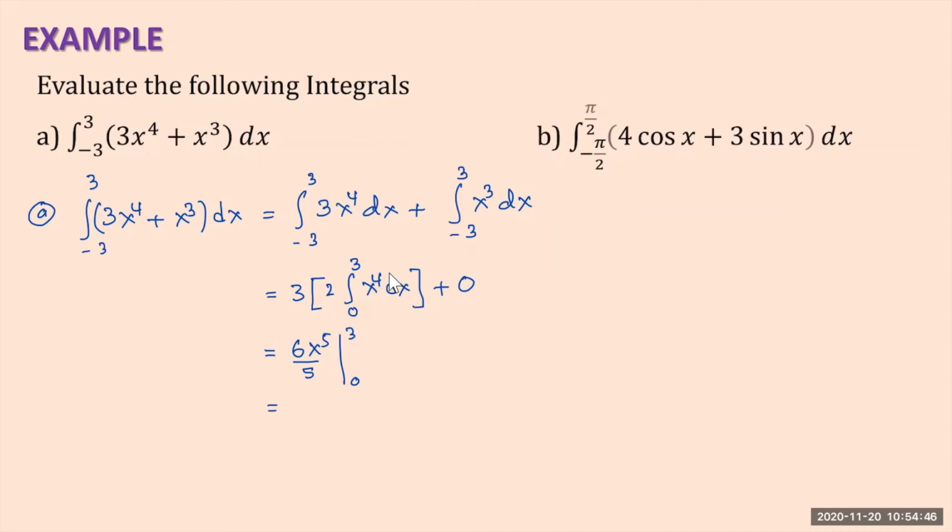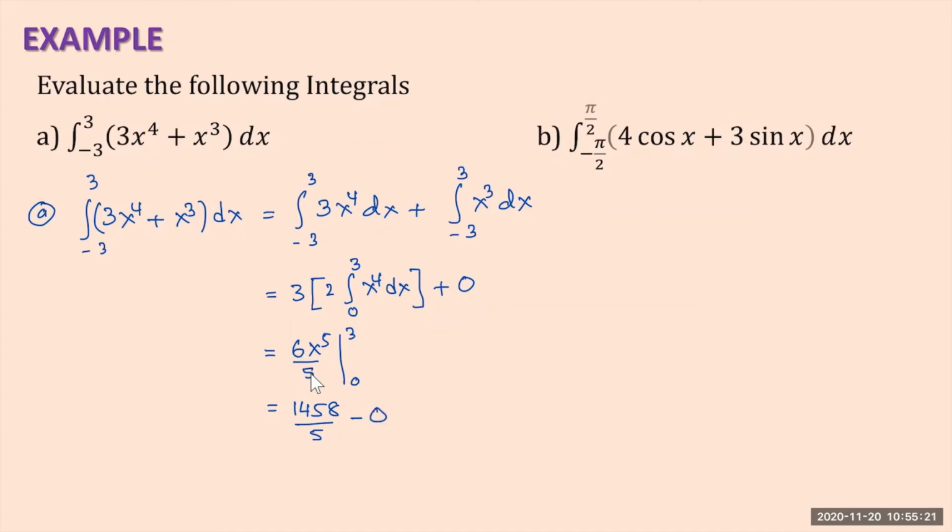So now, in order to evaluate that, we can use the fundamental theorem of calculus. We can plug in the upper limit and then subtract and plug in the lower limit. If I plug in the upper limit, I have to plug in 3. 3 to the 5 is 243 times 6 is 1458 divided by 5 minus, if I plug in 0, 0 raised to 5 is 0 times 6 is 0 divided by 5, that is also 0.